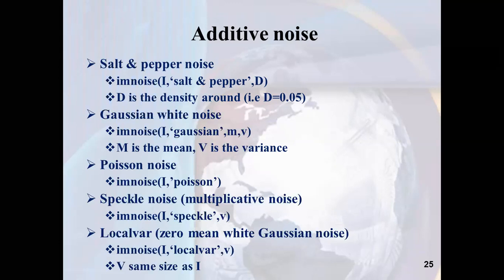We have local variance also, which means we have the same Gaussian noise but with zero mean. We also apply local variance and we have to put in the variance. So we have these kinds of noise, but the two important ones are salt and pepper noise and Gaussian noise.